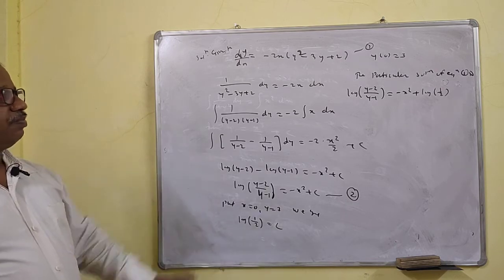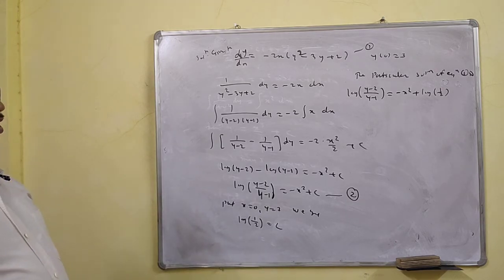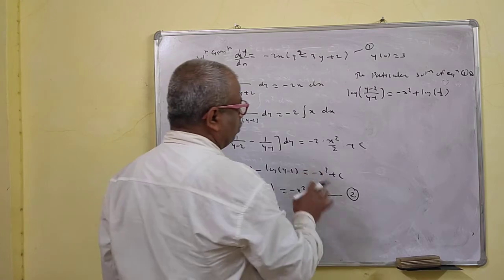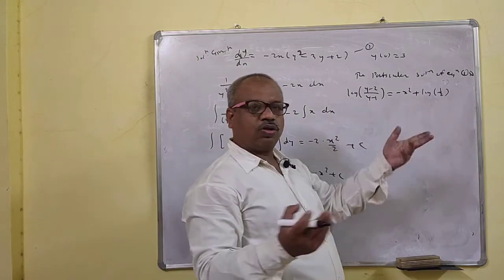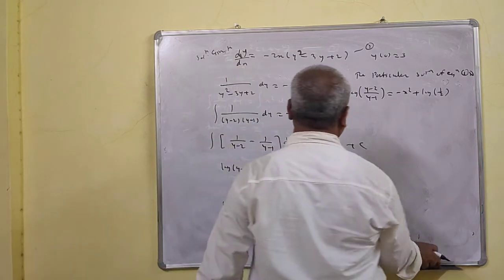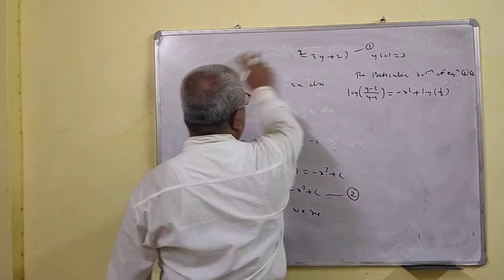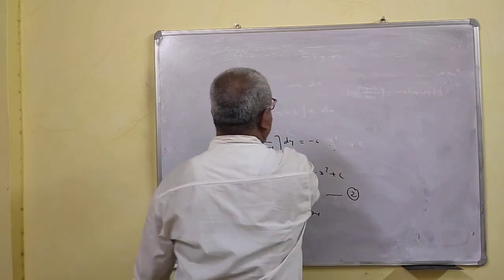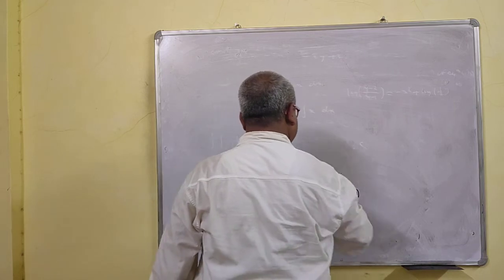I hope that this is enough now. So this will be the answer. If you want to simplify this log, you can, but don't, because the question is only to solve.